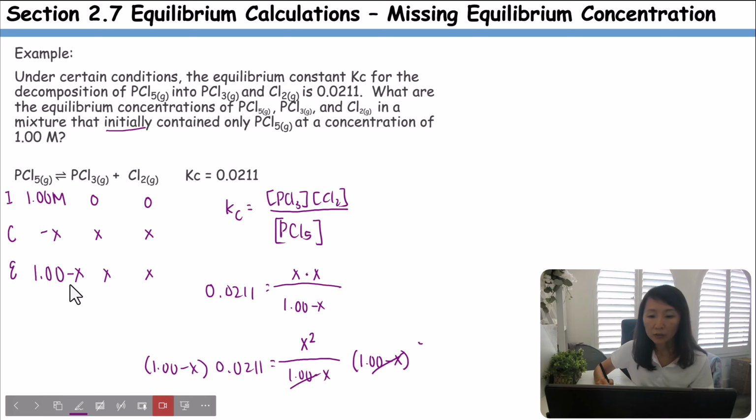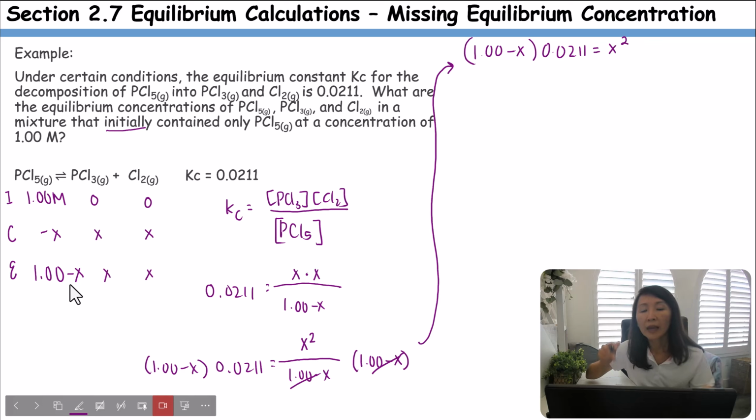If I rearrange and rewrite it, it would be 1.00 minus X, in parentheses, times 0.0211 equals X squared. At this point, I can already see that this is forming a nice setup for the quadratic formula in a moment.